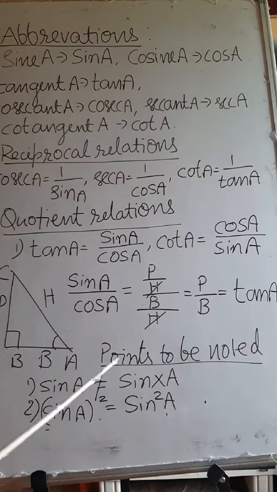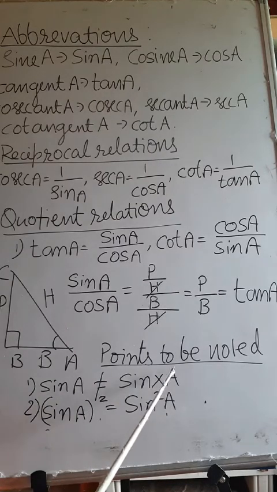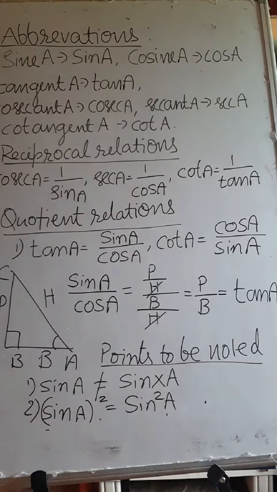Finally, there are a few points you need to note while solving the sums. Sin A is not the product of sin into A. If anyone asks you what is sin A, you cannot say sin into A. No. Sin A means sin of angle A. Sin of angle A means perpendicular by hypotenuse.